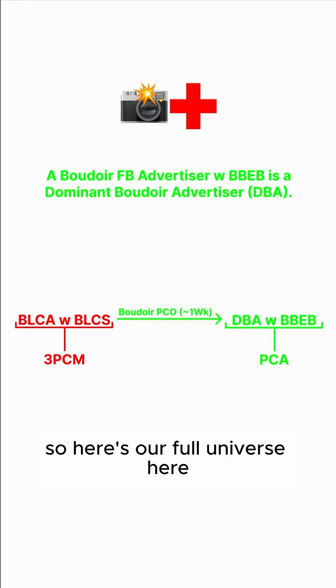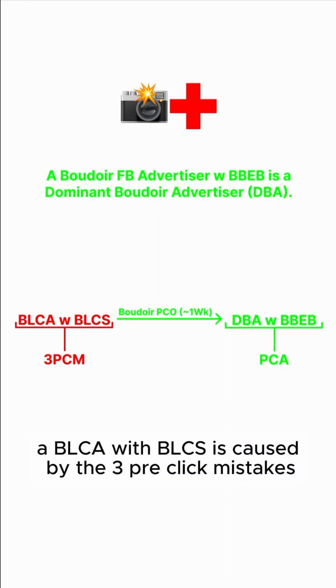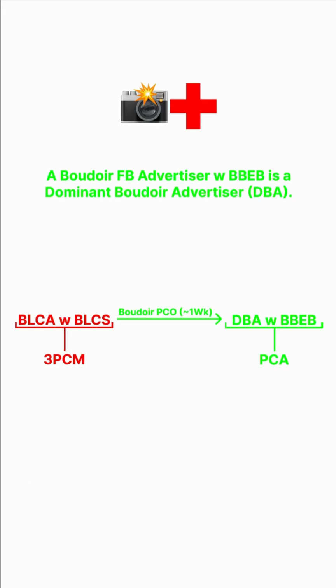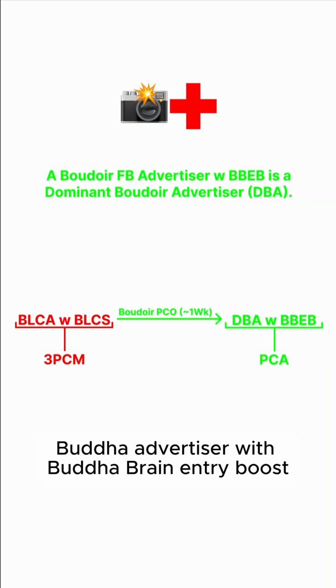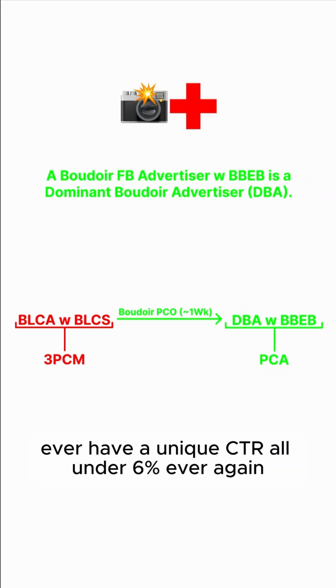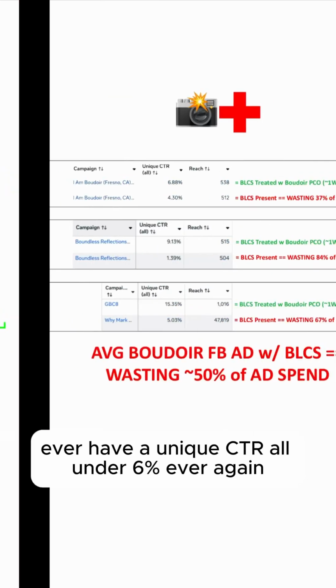So here's our full universe: a BLCA with BLCS is caused by the 3 pre-click mistakes. Solution, Boudoir Pico, takes about a week. Achieve pre-click alignment, become a dominant Boudoir advertiser with Boudoir brain entry boost. And these ads we treat will never, ever have a unique CTR all under 6% ever again.